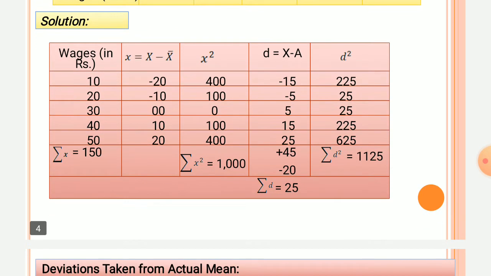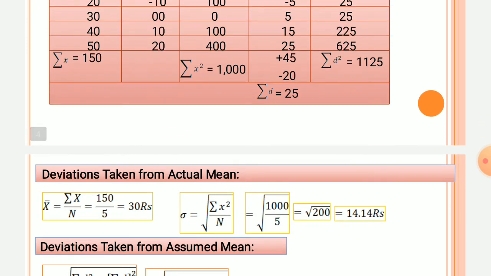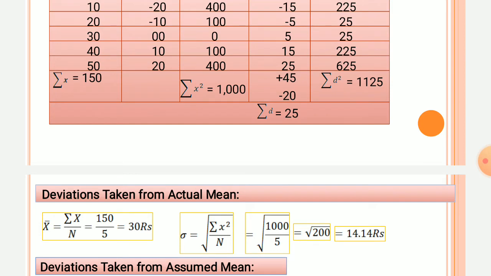Before making differences of all the items, we should first calculate x bar, the arithmetic mean. For individual observation, the formula is x bar is equal to sigma x by n. Sigma x is the total of all the observations, 150, divided by n, the number of items, 5, which is equal to 30.